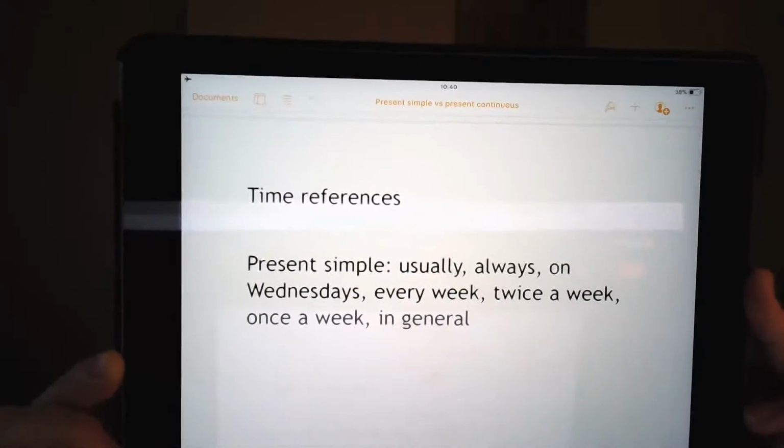So you'll see that all of these time references are about things that are routine, about things that are repeated. So it's not something that's happening now, it's on Wednesdays. So that means every Wednesday. It's twice a week, every week. It's once a week, it's usually, it's always. So that's the meaning of present simple and these time references that we use, or time expressions that we use with them.